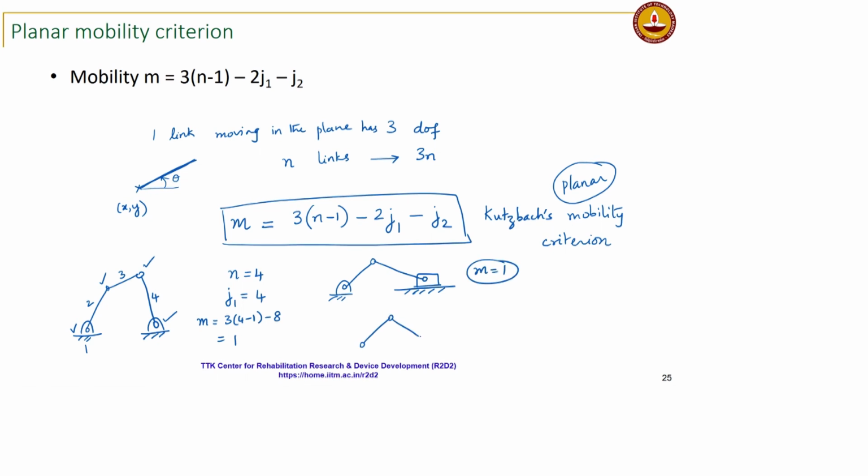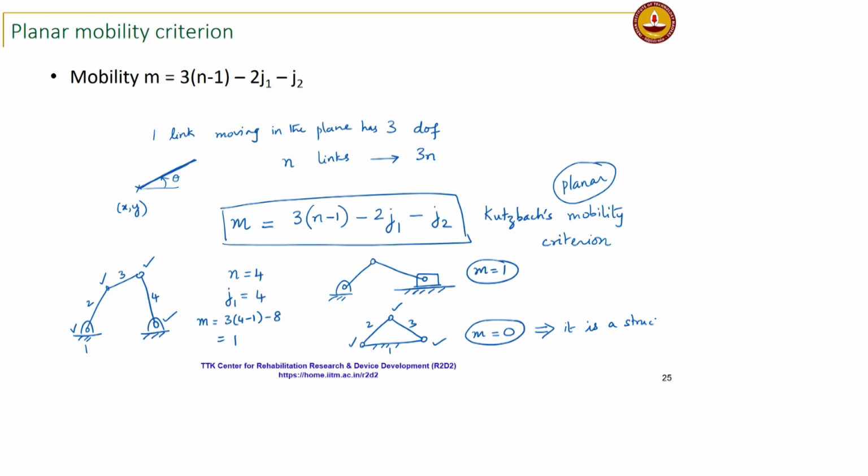Suppose I only connect 3 links, 1, 2, 3, say 1 is fixed. What do I get for this mobility? I get 0. Mobility equal to 0 for this mechanism implies that it is a structure.